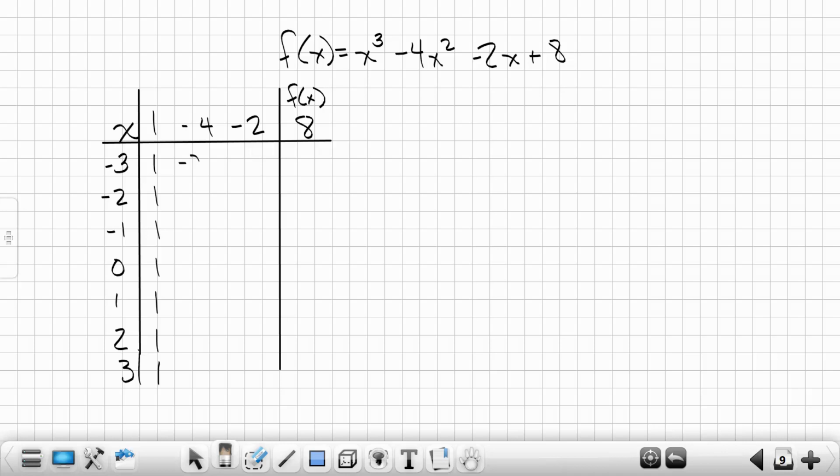Multiply, add, multiply, add, multiply, add. 57.